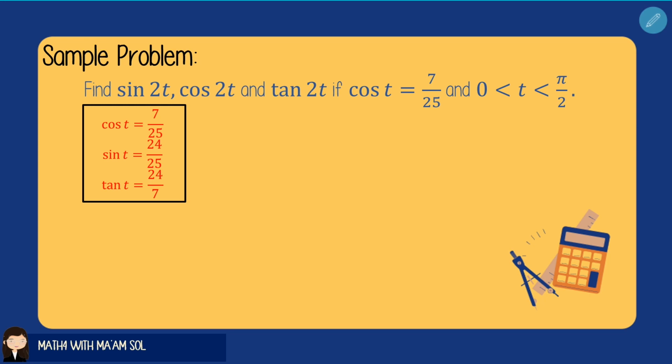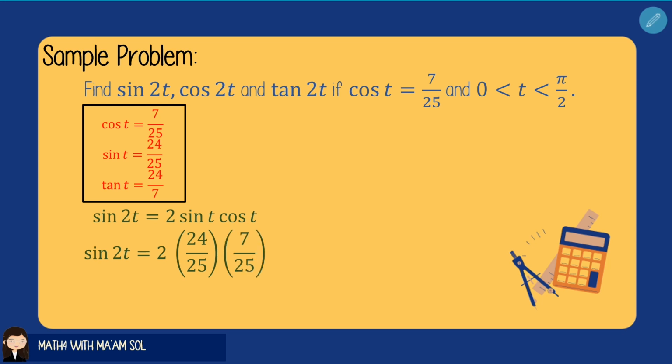Now you're ready to solve for sine 2t. So again, from the identity, sine 2t is equal to 2 times sine t times cosine t. So we just plug in the values. So we get sine 2t is equal to 2 times 24 over 25 times 7 over 25. Simplifying that, we get 336 over 625.